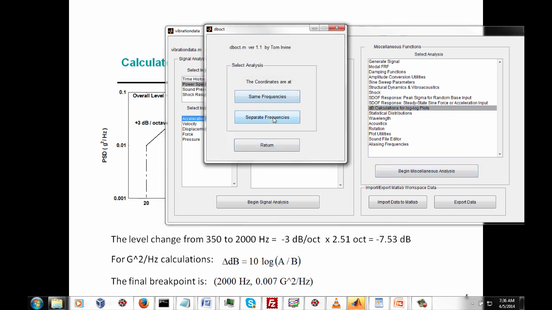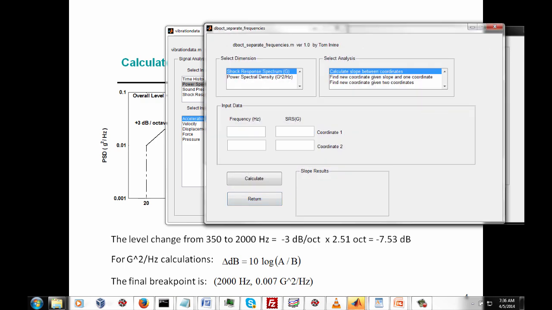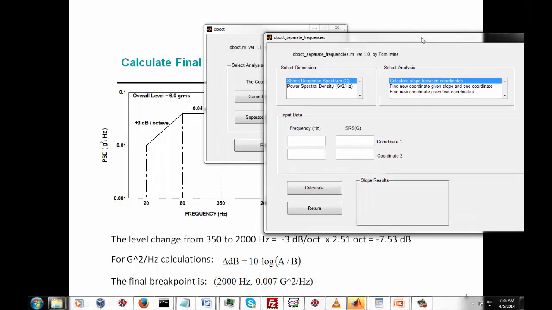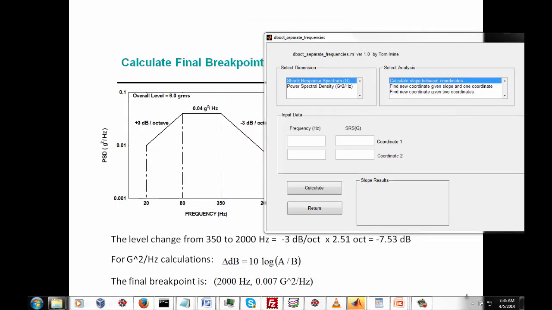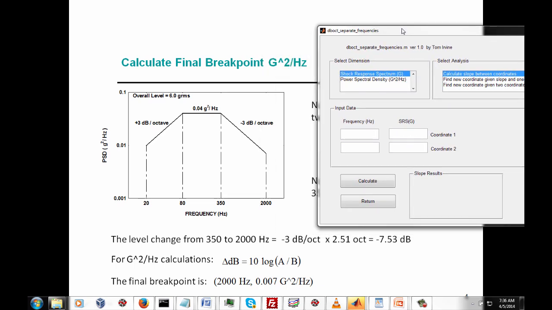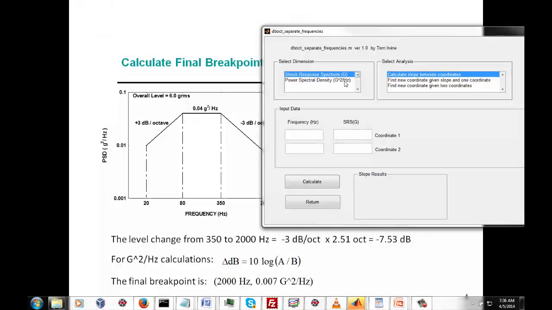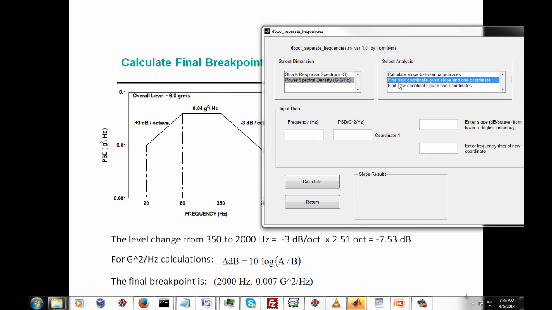And this is going to be at separate frequencies. So let's go back and fill in a step here, and verify that the final breakpoint really is 0.007 per the software. So we're going to have a g squared per hertz level, and we're going to find the new coordinate given a slope and one coordinate.